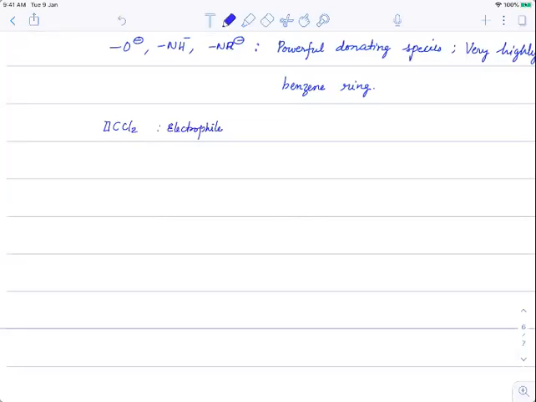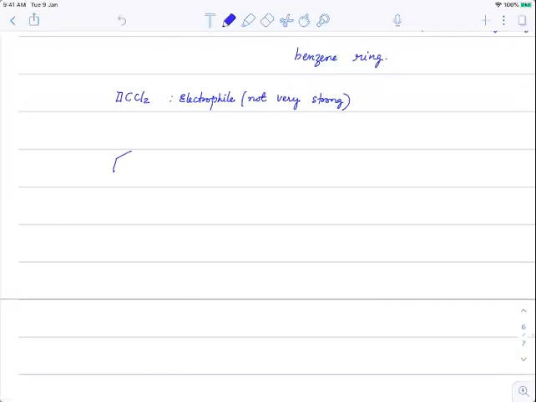But since it is a neutral species, not a very strong electrophile, for the reaction to happen at a much faster rate, we need a highly activated ring. That's why phenoxide ion, being a highly activated ring, reacts first. So this would react with CCl2 because phenoxide ion is highly activated, correct?